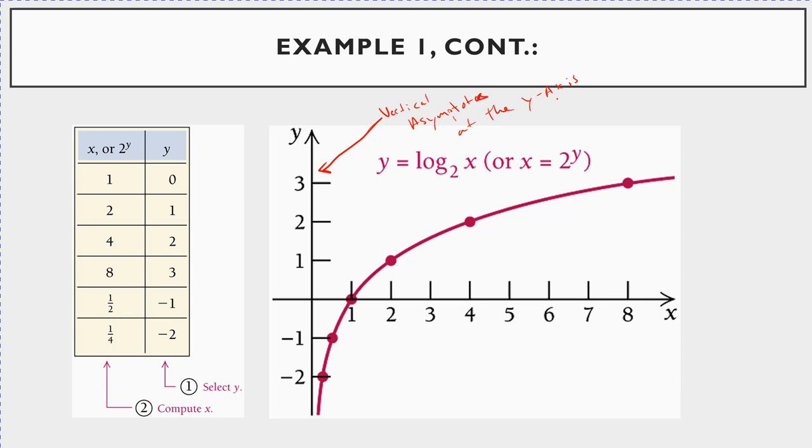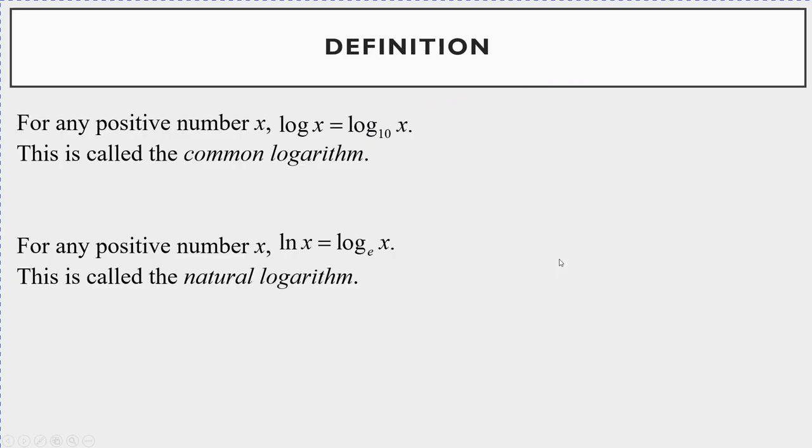It turns out that logs and exponentials are just inverses of each other. So if there's a horizontal asymptote for the exponential, there's going to be a vertical one for the logarithmic. This will always be what these graphs look like. You can shift it to the left, to the right, up and down, but it's always going to still be this basic shape. Okay, so there are two common logs.